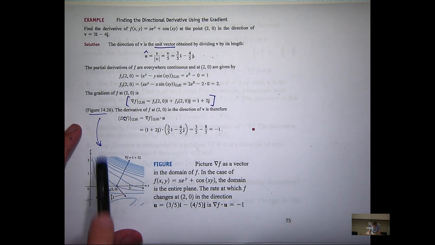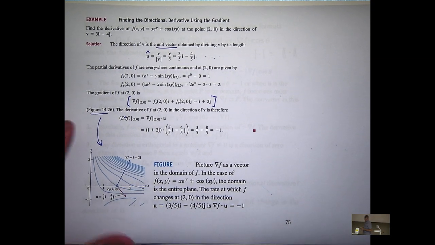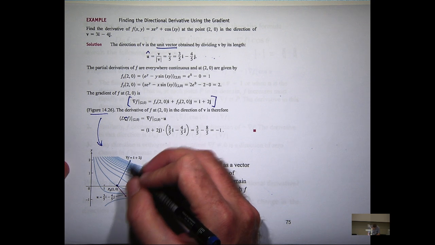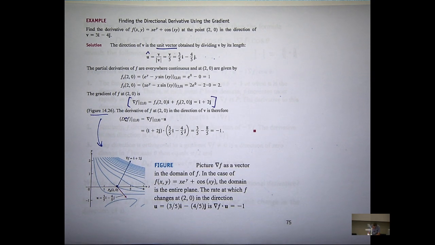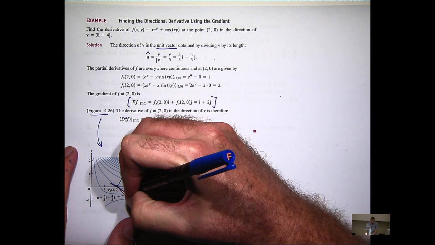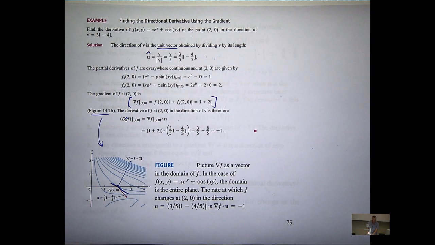In this picture, we've drawn some of the level curves of f. These blue lines are various level curves of f. Here's our point of interest, and at that point I've put in the vector grad f. Now, if I draw a tangent to the level curves, can anyone conjecture what the relationship between the gradient vector and the tangent might be?